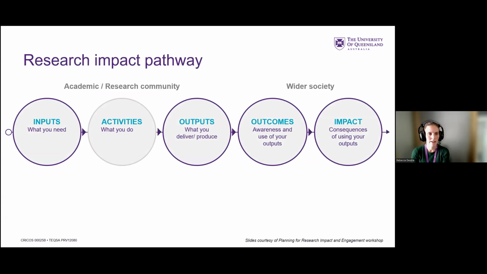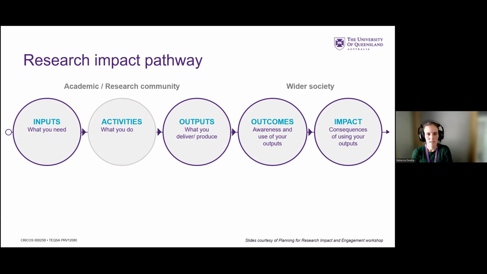This is a diagram that illustrates the research impact pathway. Inputs are at the start, the left-hand side here: what you need. Then the activity, which is all within the academic research community. So what you do is the activity, the research that you're carrying out, whether it be experiments or clinical trials, etc. The outputs are what you deliver and produce, so that could be the publications that you produce, for example.